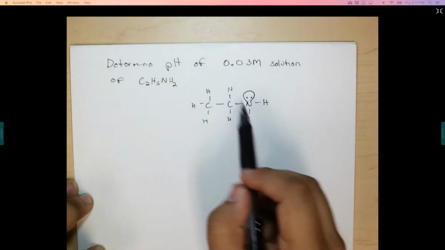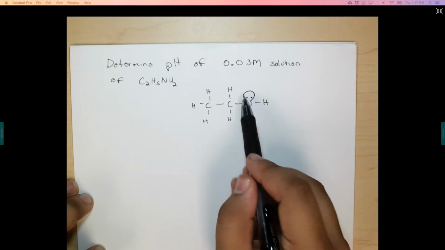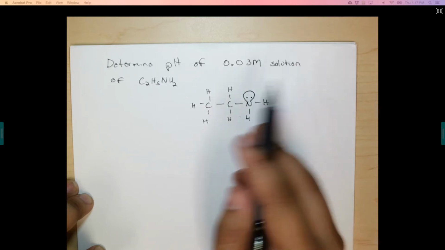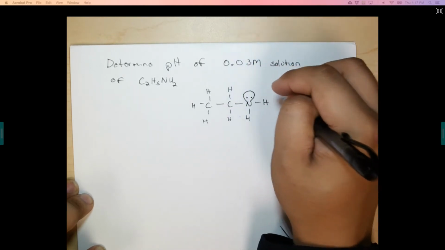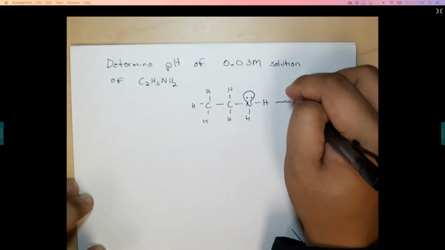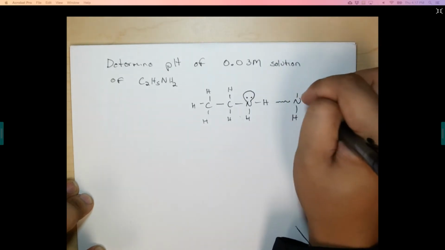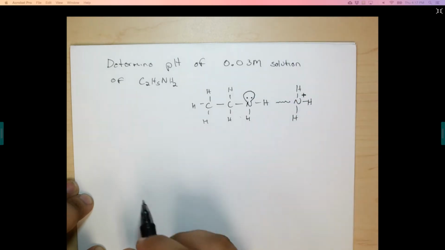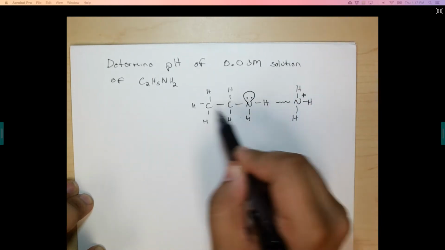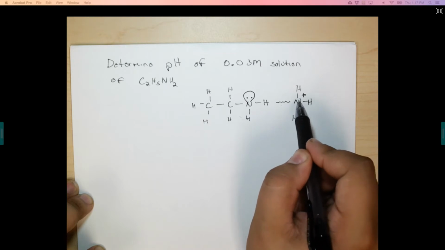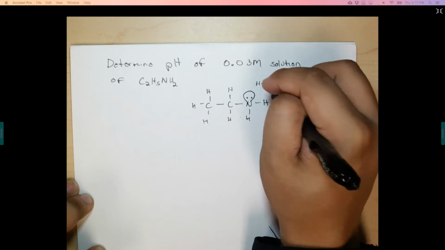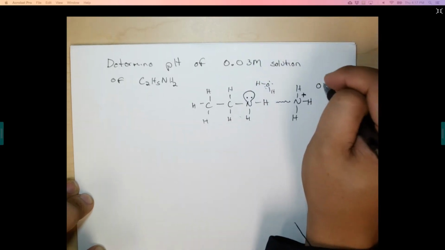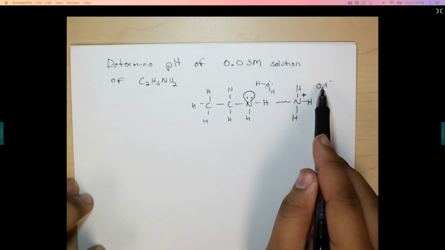We should remember from our molecular geometry in Gen Chem 1 that this is trigonal pyramidal, and this electron pair out here, when it interacts with water, it plucks a hydrogen, creating something that looks like this. All I did here was show you this is the rest of the molecule, I just didn't redraw it. So this is what occurs when water is involved. We end up with H2O over here, and then over here we end up with OH. So in solution, this is kind of what happens.